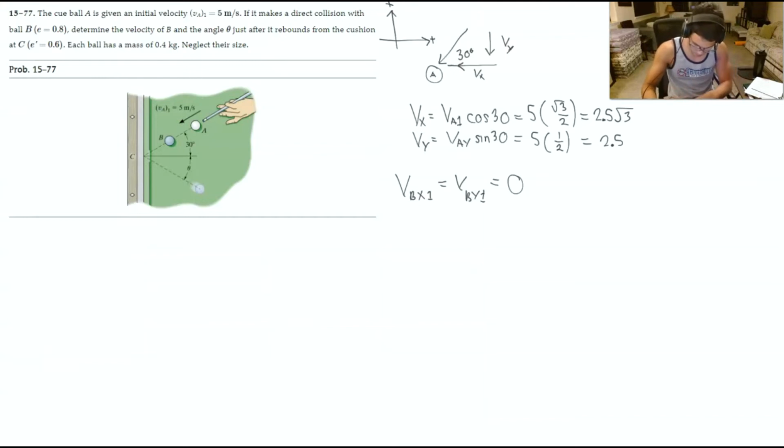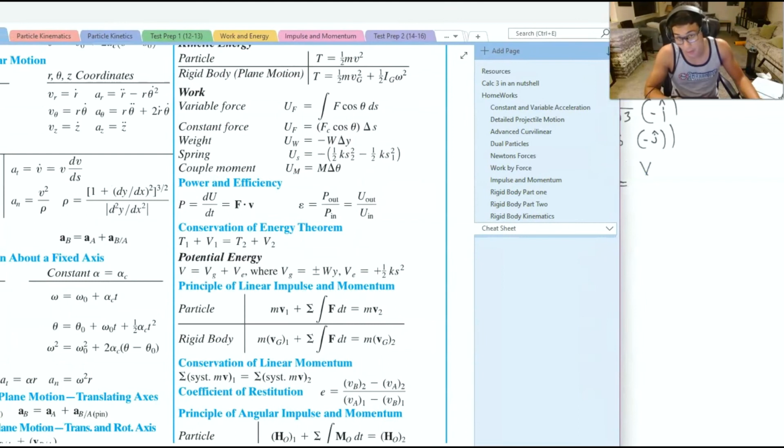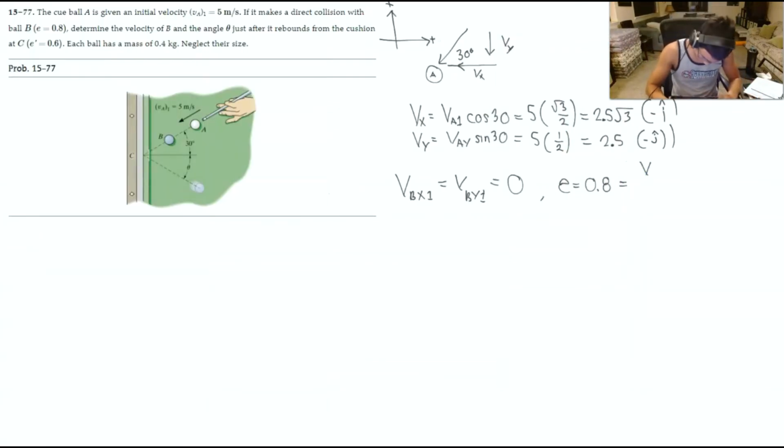And our e is 0.8. And then I'll show you the formula again. It's VB2 minus VA2. And then I believe it's VA1 minus VB1. Yeah, it is. Okay. So this is what we have.